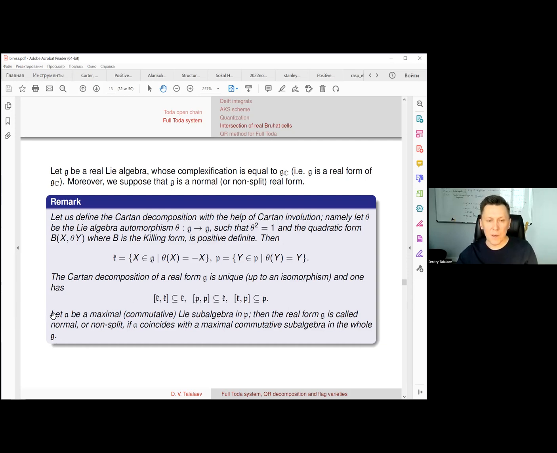So A is a maximal commutative Lie subalgebra in the subspace P. Then the real form is called normal or non-split if A coincides with the maximal commutative subalgebra in the whole Lie algebra G.